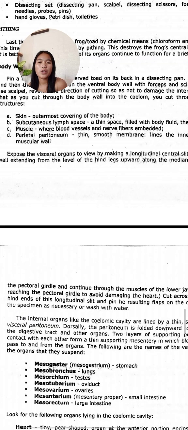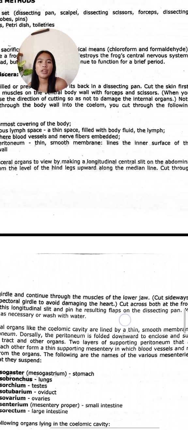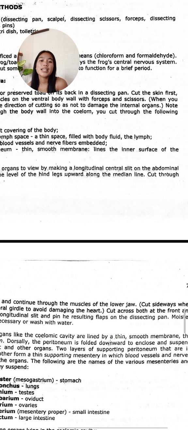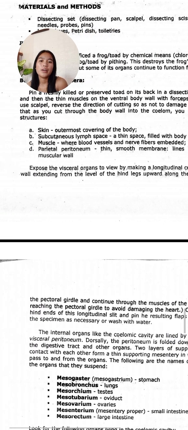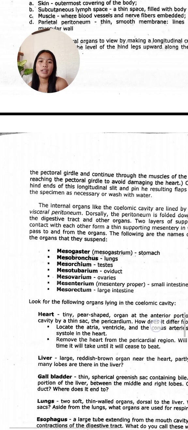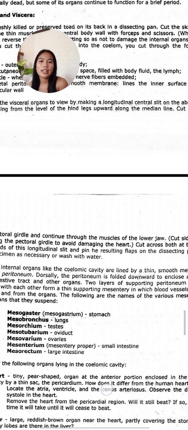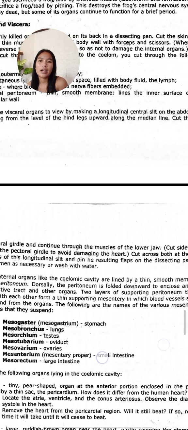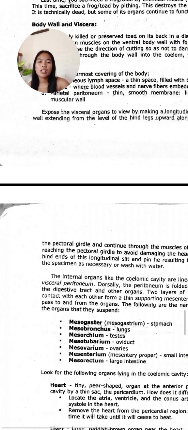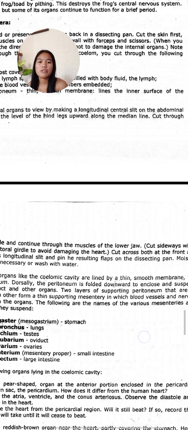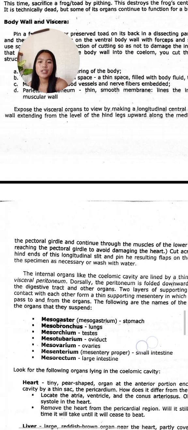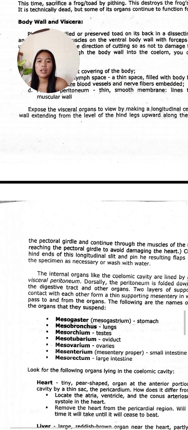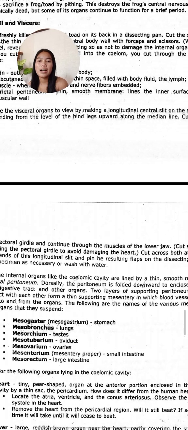Expose the visceral organs to view by making a longitudinal central slit on the abdominal wall extending from the level of the hind legs upward along the median line, cut through the pectoral girdle and continue through the muscles of the lower jaw. Cut sideways when reaching the pectoral girdle to avoid damaging the heart.